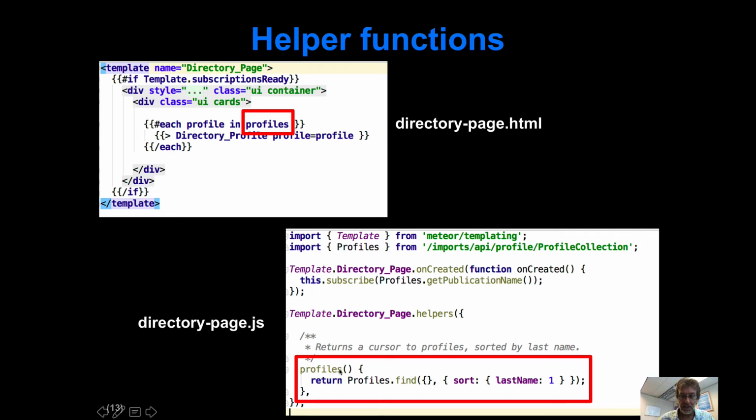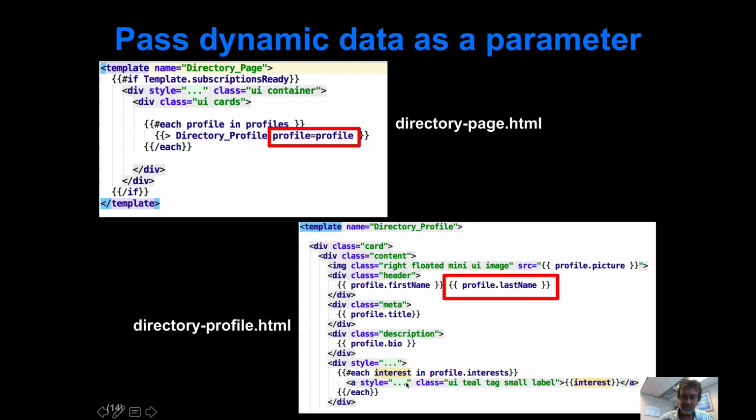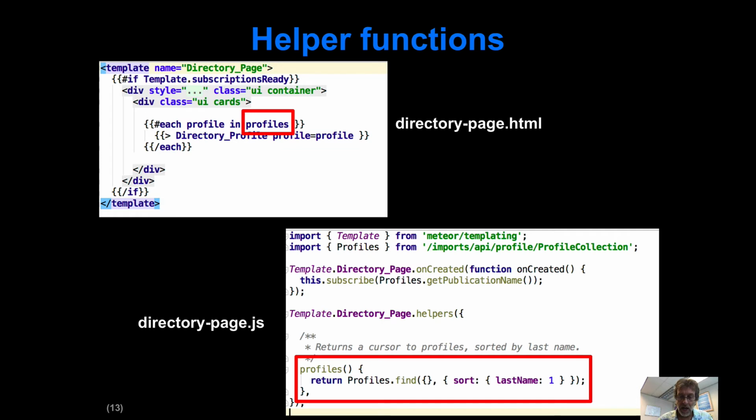It's called profiles, and it's going to return the result of invoking the Mongo find function on all of the elements, returning a cursor to all of the elements of the profile collection sorted by last name. So this is a database access right here, the return value of this profiles helper function.